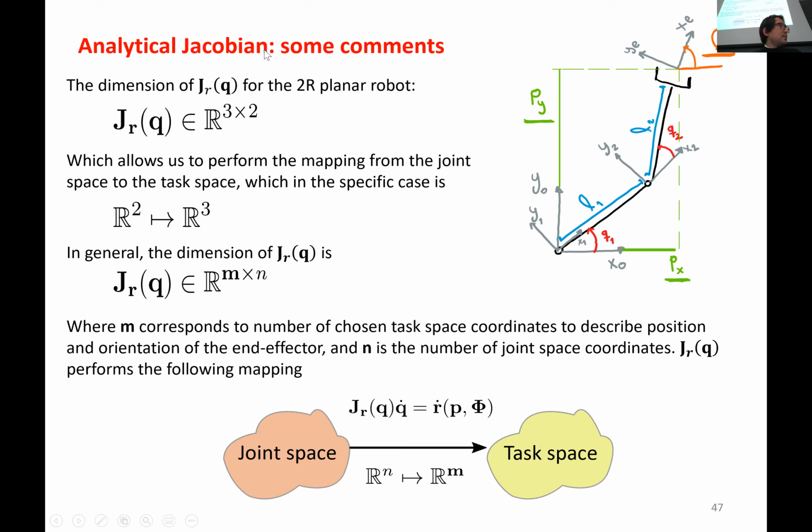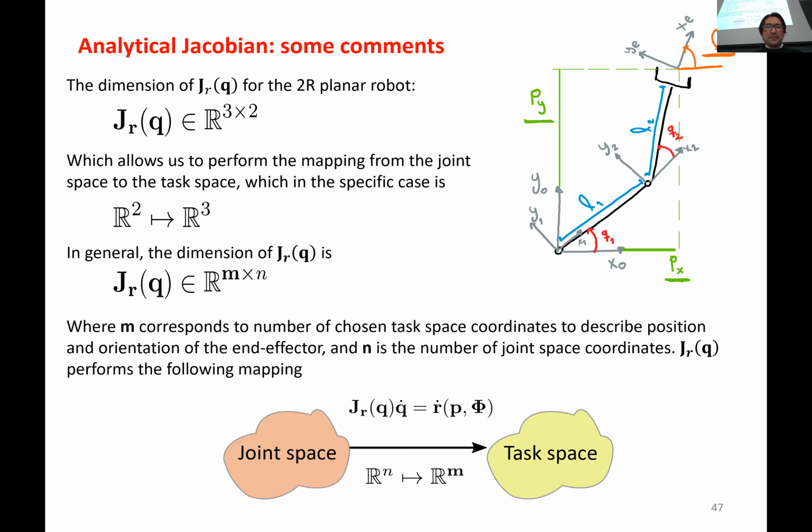Just a comment on the analytical Jacobian. You need a symbolic expression to compute it. Whatever libraries we have available usually do this computation numerically, like we saw for the homogeneous transforms.